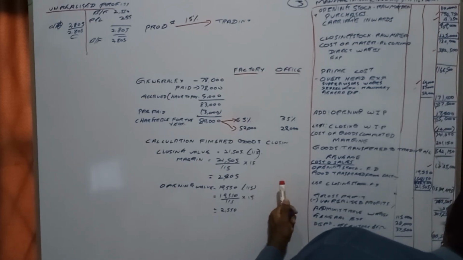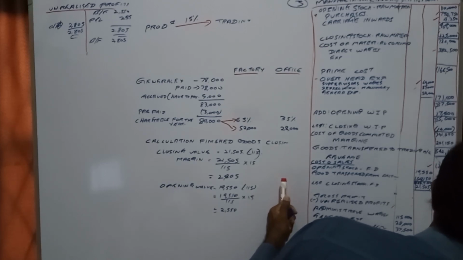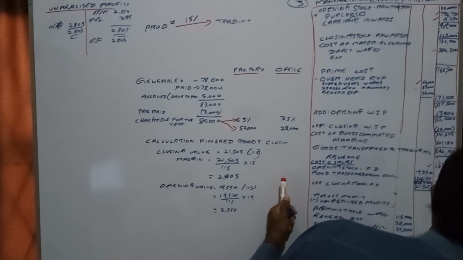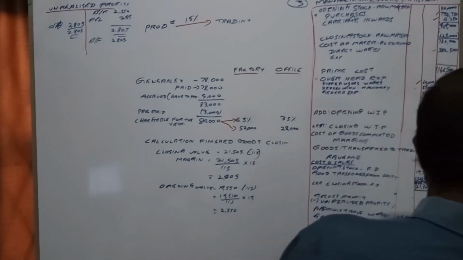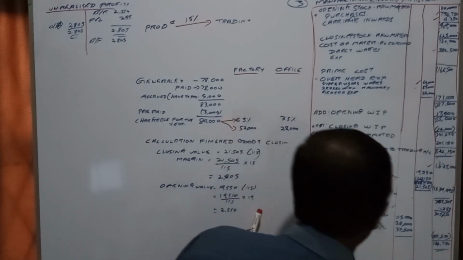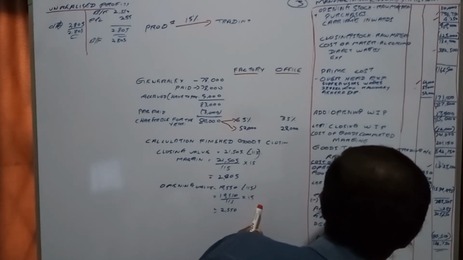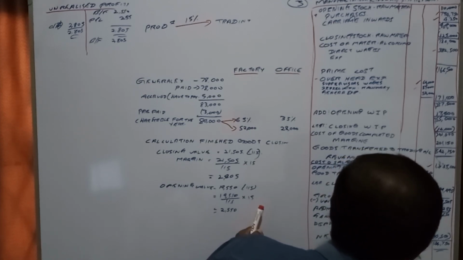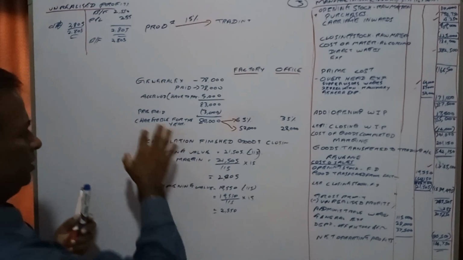Then here you will get 124,750 is the net profit, net operating profit, right? Have you understood this portion?